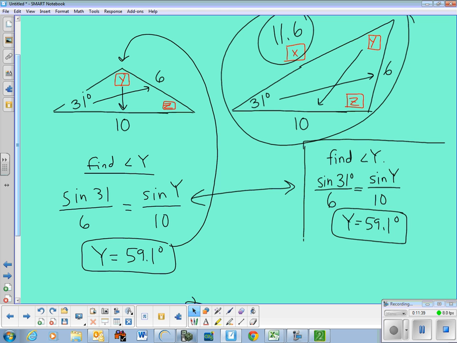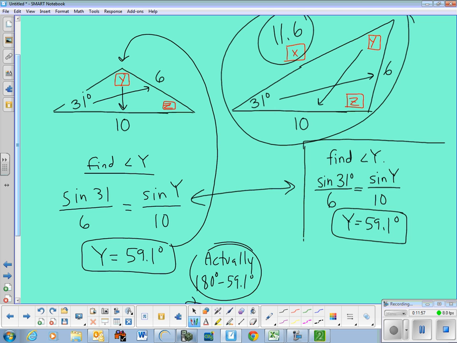I do not think that it is, because it looks clearly to me to be an obtuse angle, and I could go on further to show that it's not 59.1 degrees. It's actually 180 minus 59.1 degrees. But the law of sines doesn't tell me that.